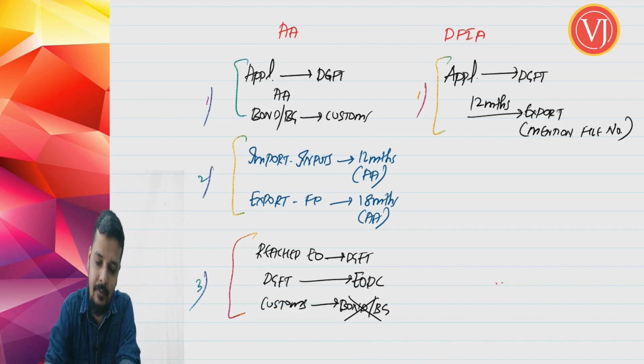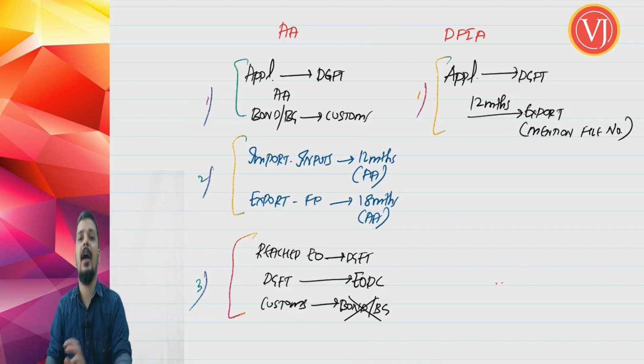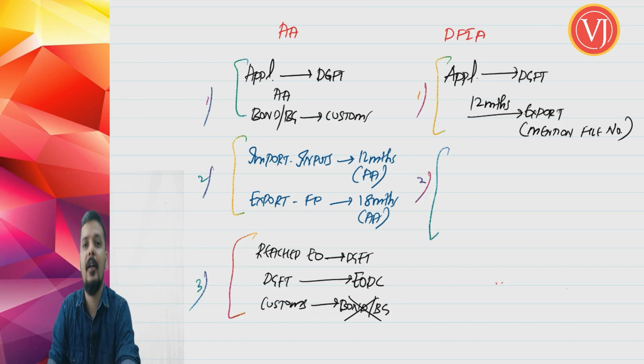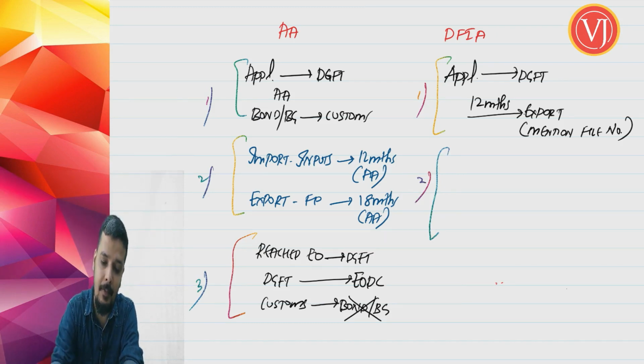Thereafter friends, you tell them that okay, I have first proved my export performance, now give me your duty free import authorization. You are not getting duty free import authorization till now. Now actually you will be getting it, where in the second step, after you have made your exports, you apply for your duty free import authorization.